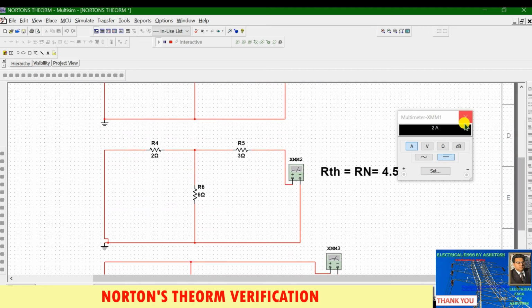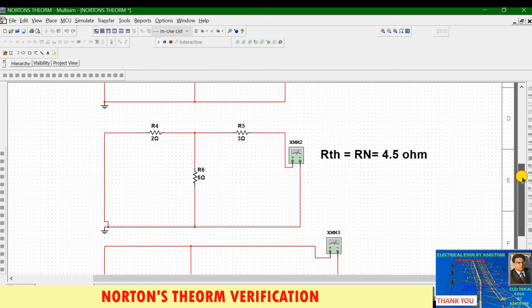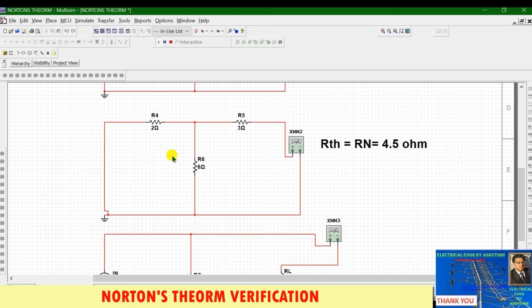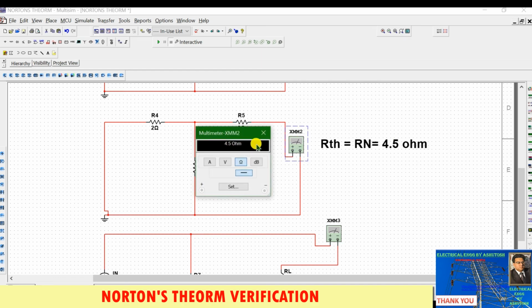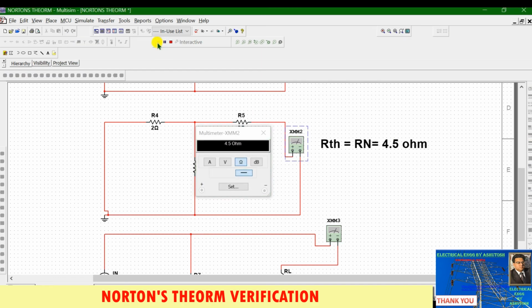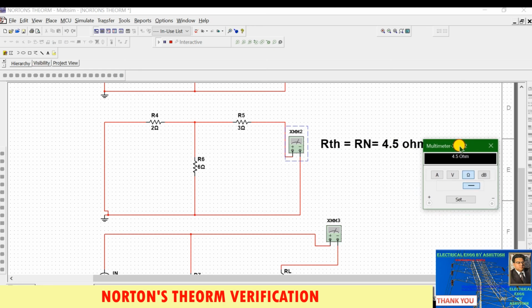Now in the second circuit you can see we have found the Thevenin's resistance or Norton's resistance 4.5 ohm, which we calculated earlier. Now again we have to run the simulation, and this will tell you the Norton's resistance.